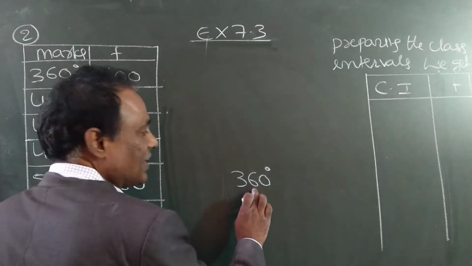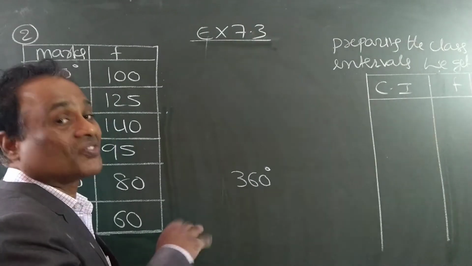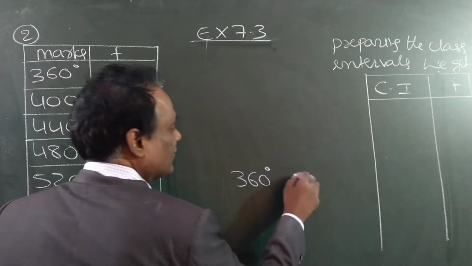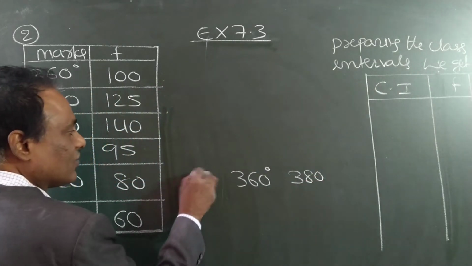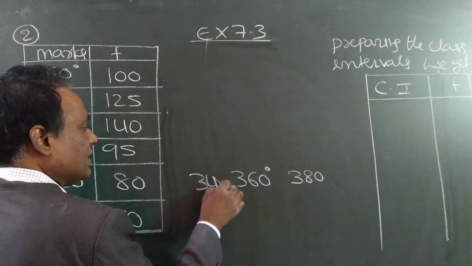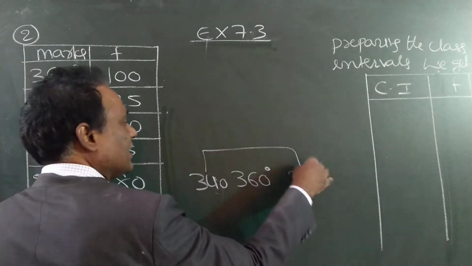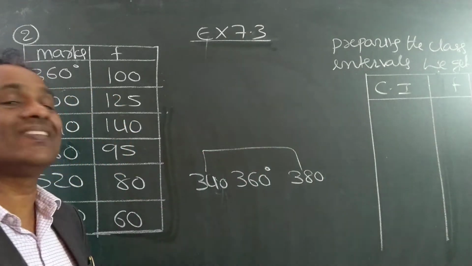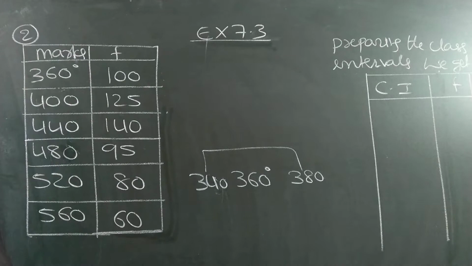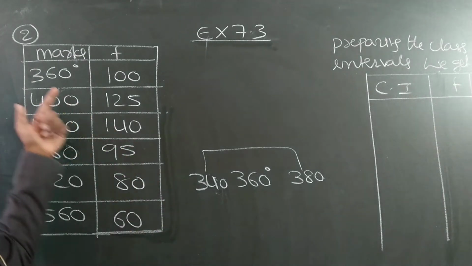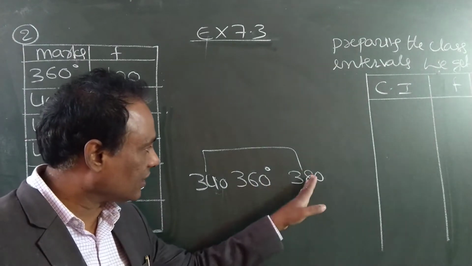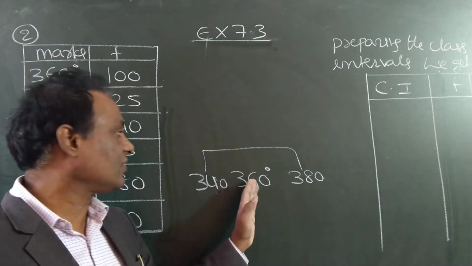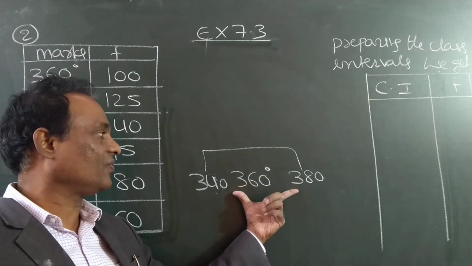So this is the mid value. So 40 means 20 you add. 360 plus 20, 380. 360 minus 20, 340. The class interval is 340 to 380. Middle is 360. This is the mid value. Difference is 40, so this difference also 40.